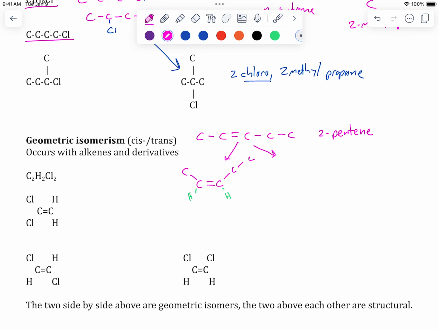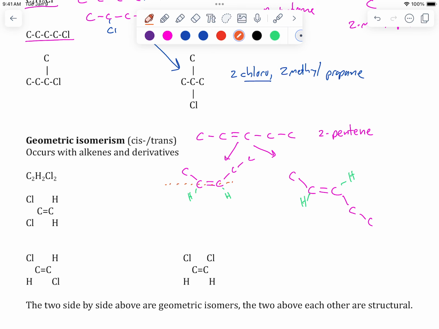All right, but who's to say that the chain on the other side, these guys right here, are at this angle? What if they were at this angle instead? Well, that actually does happen. Every time there is a double bond, there is a plane that we cross over, and where that chain continues on depends on which side of the plane it's on. This is the plane I'm talking about.